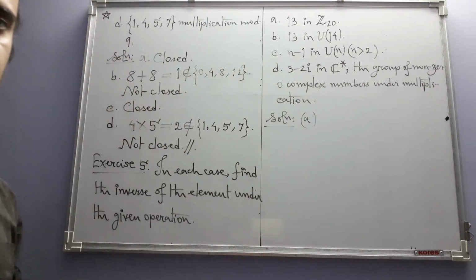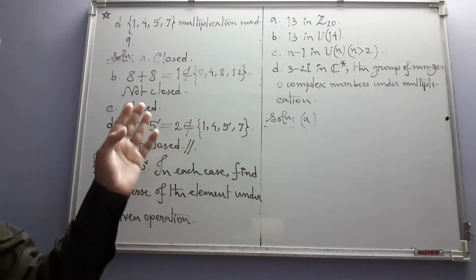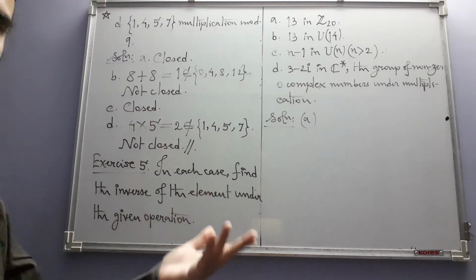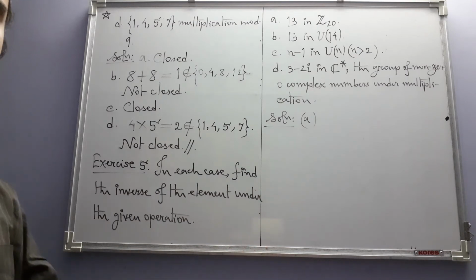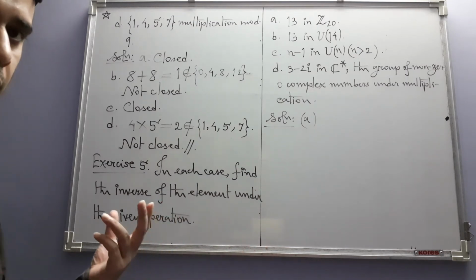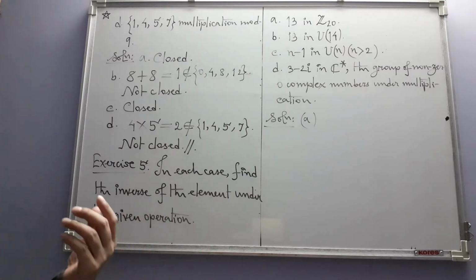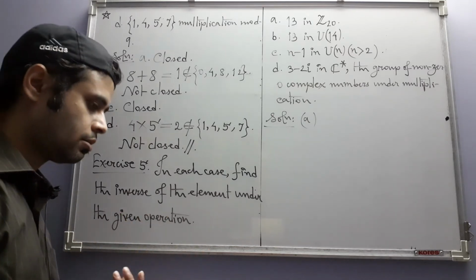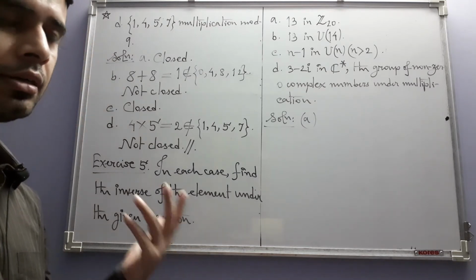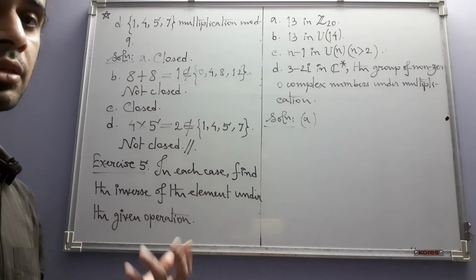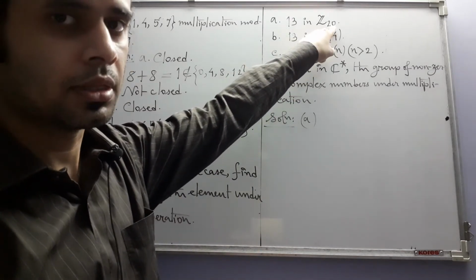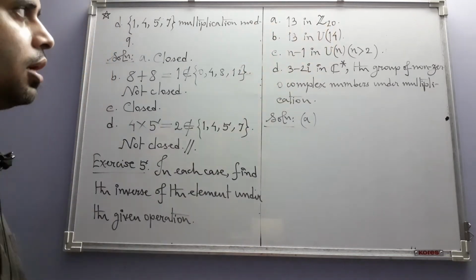So Z20 is the group of the integers from 0 to 19. The elements have been given in this text as integers. Truly speaking, they are not considered as integers, they are considered as congruence classes modulo 20. This is the modulus of the congruence relation.